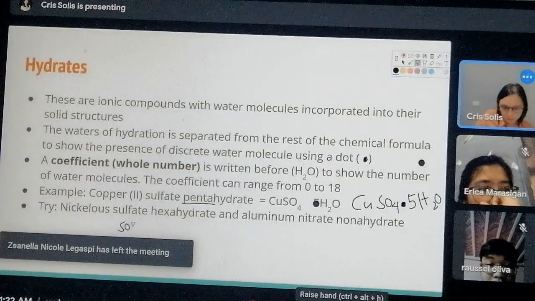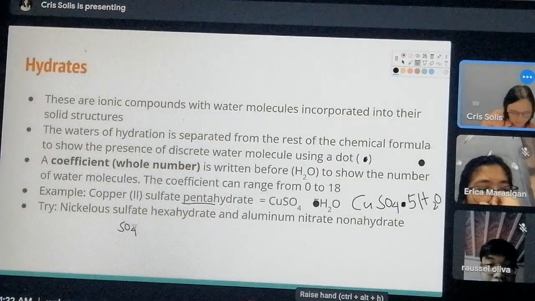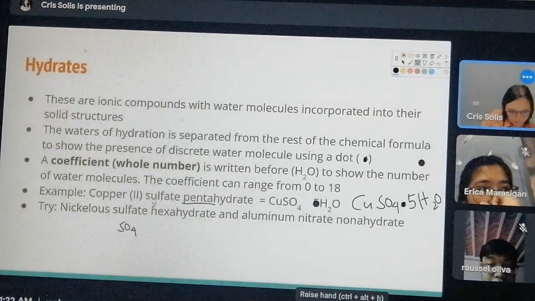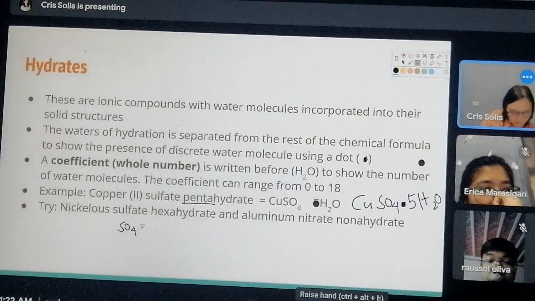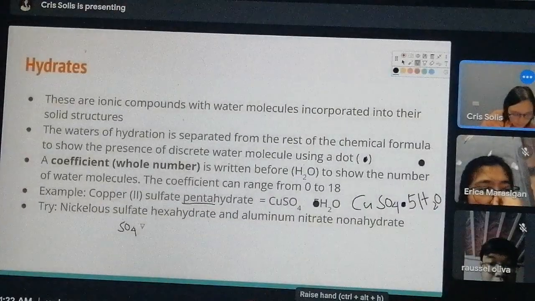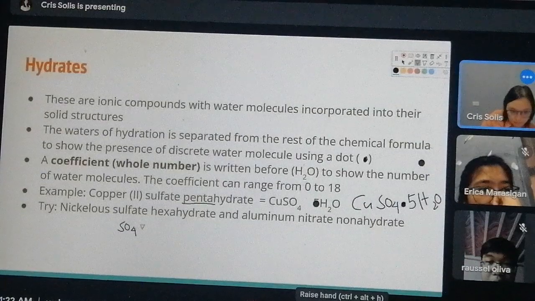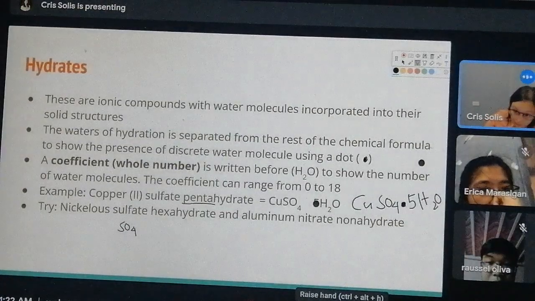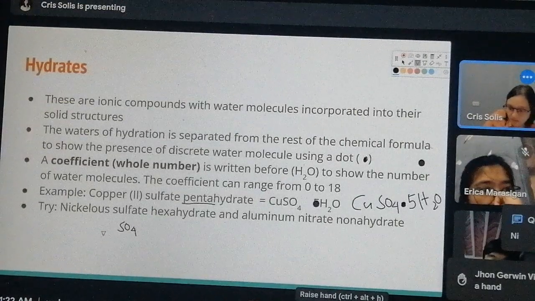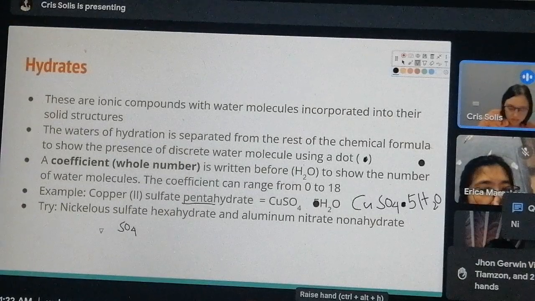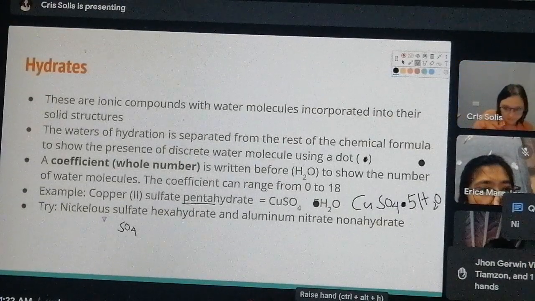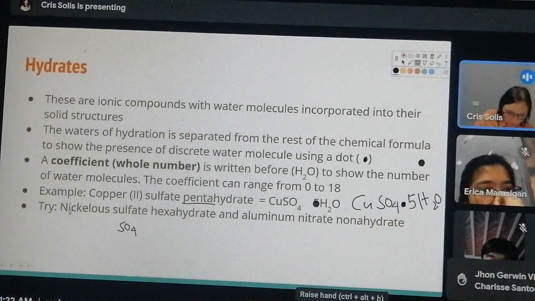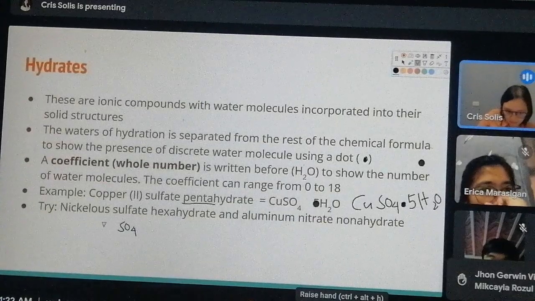That's SO4. Nickelous. Ano yan? Ano nasusulat? Nickel sulfate. Yan, Jerwin. Oh. Ni po. Yun po, nickel sulfate.